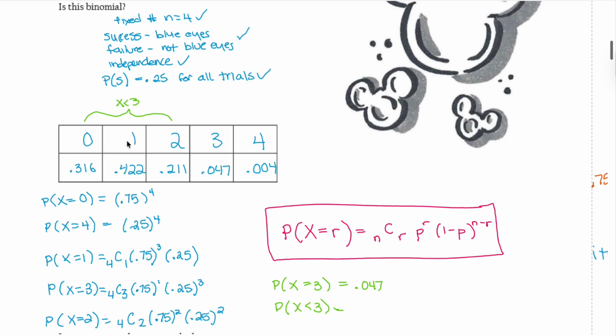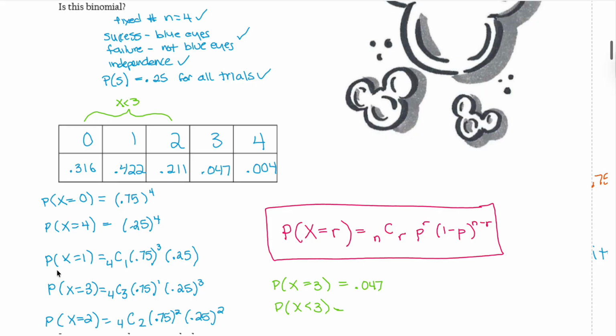This is 1 child has blue eyes, 2 children have blue eyes, 3 children have blue eyes, and 4 children have blue eyes. And what is the probability of all of their children having blue eyes? Well, that will be 0.25 raised to the 4th power. Because basically we're first finding the individual person having blue eyes, and raised to the 4th power, because we are doing 4 individuals.